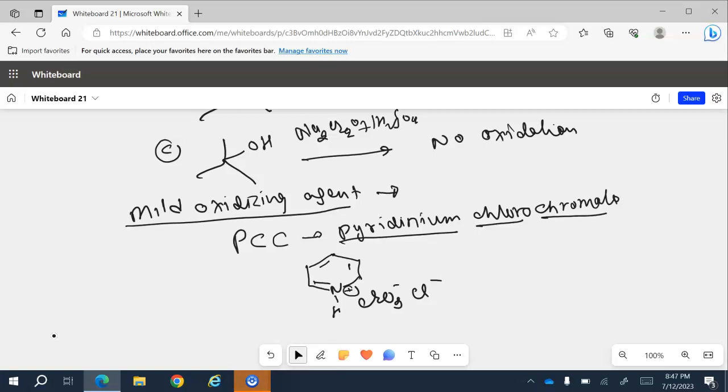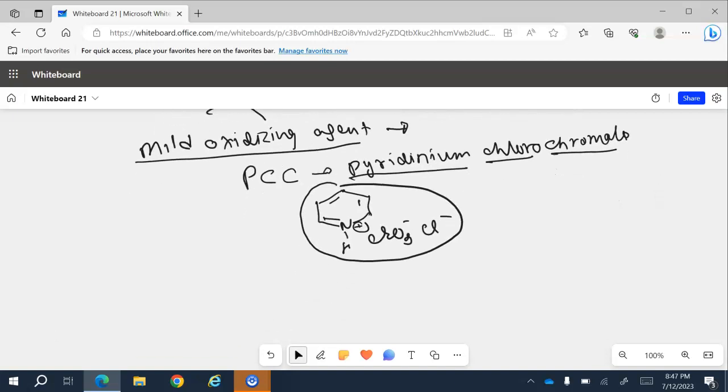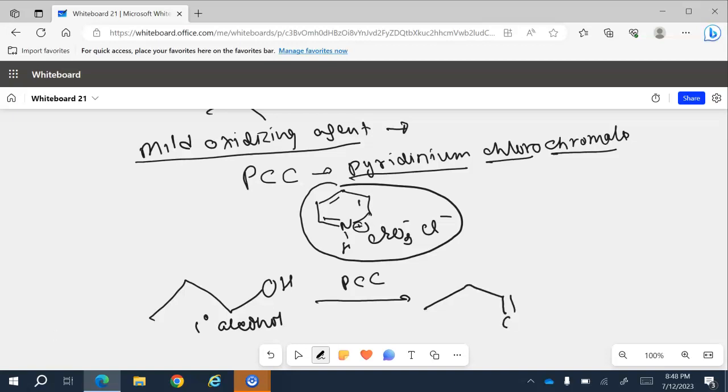And this is a mild oxidizing agent. And in presence of mild oxidizing agent, if we take primary alcohol, 1 degree alcohol, then with the PCC, it will stop in the aldehyde state. It doesn't undergo oxidation to the carboxylic acid, it will stop in the aldehyde state.